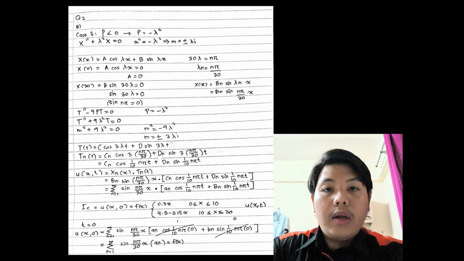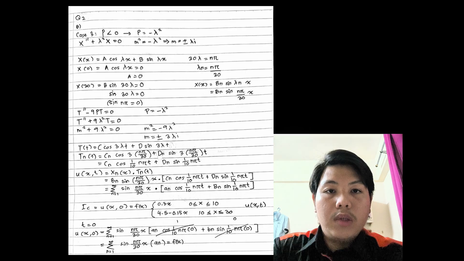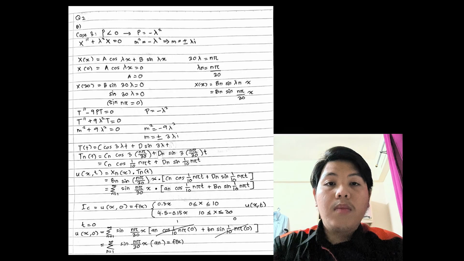To find a_n, we need to apply the initial displacement condition at t = 0. u(x,0) must equal f(x), which is the triangular shape of the string. By setting t = 0 in our solution, cos 0 = 1.